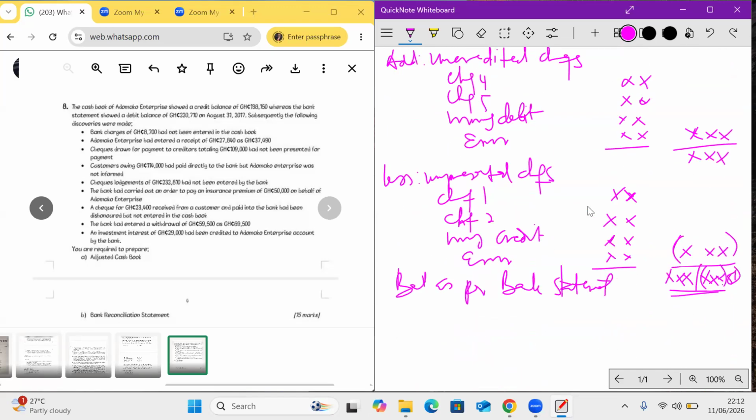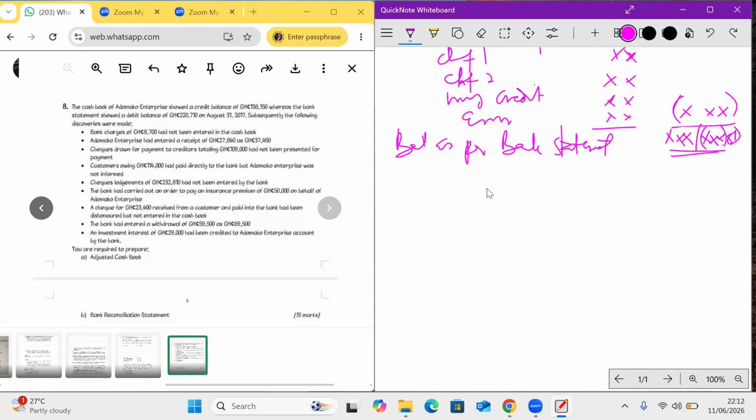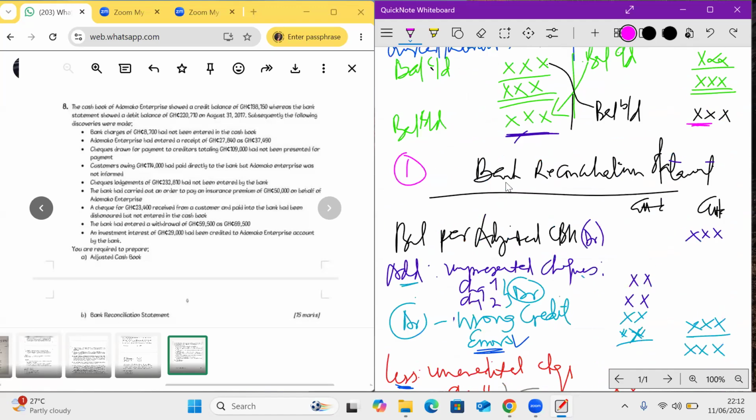Now the question could be, what are the causes for discrepancies between the cash book and adjusted cash book? In other words, what is causing the issues between the cash book and the bank statement?